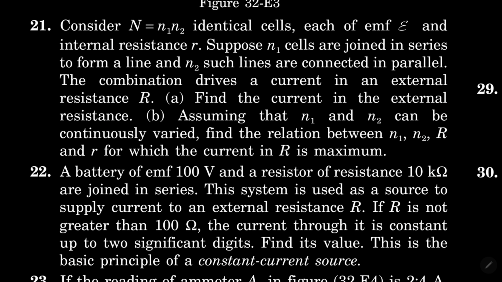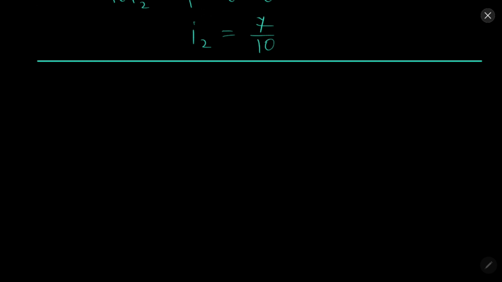In question 21, we need to find current in external resistance and find relation between N1, N2, R and R. Solution 21, A part. So the total EMF will be N1E.